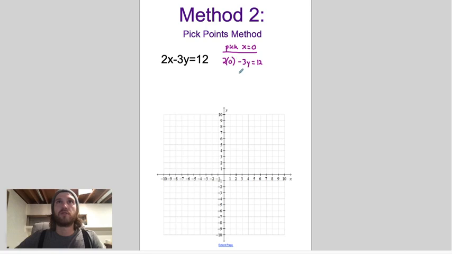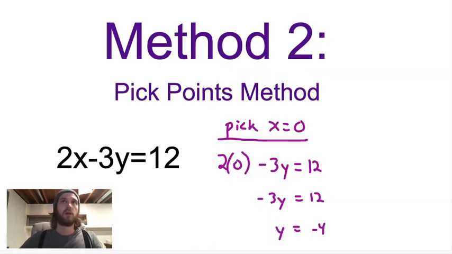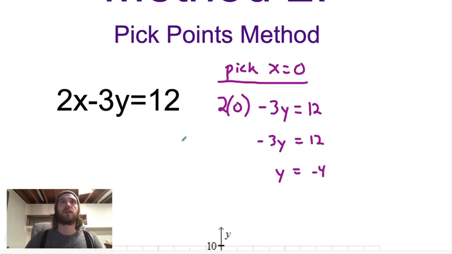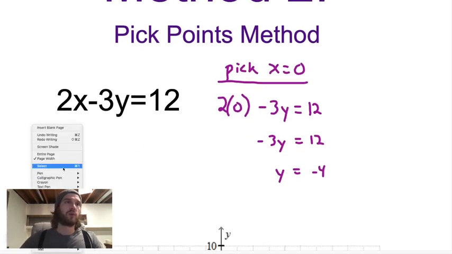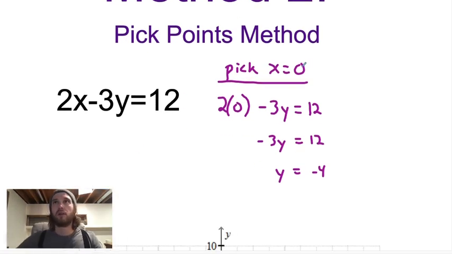2 times 0 is 0, so that just goes away. And then we want to divide both sides by negative 3 here to get y equals negative 4. What we just did is we picked a point, x equals 0.